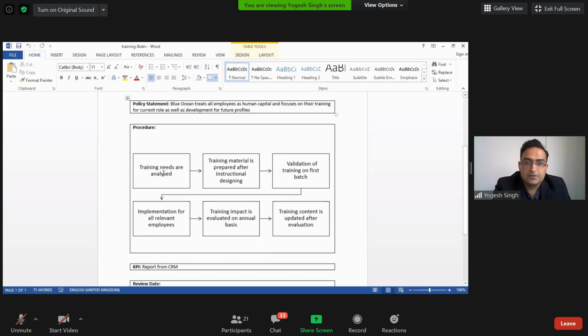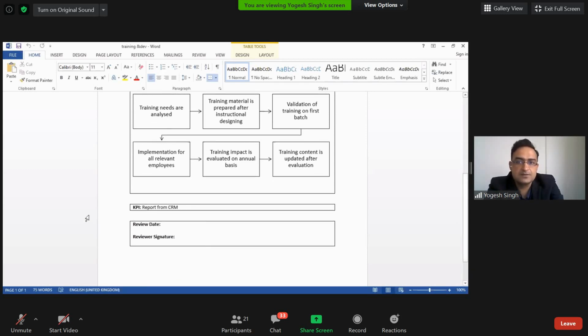One way of writing a procedure is that you write it in steps like 1, 2, 3, 4, 5, 6. Another is you just create a chart like this. When you create a chart, it becomes even more impactful. Then there is a KPI.